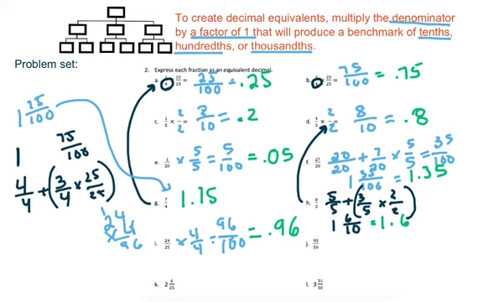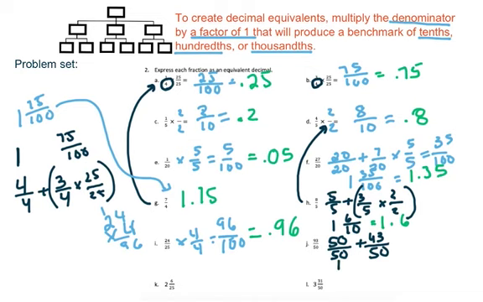Okay, next we have 93 50ths. We know that this is improper, so I'm going to take 93 and subtract 50 from it, and I would get 43. So I have 50 50ths plus 43 50ths. And I know that this is one whole.